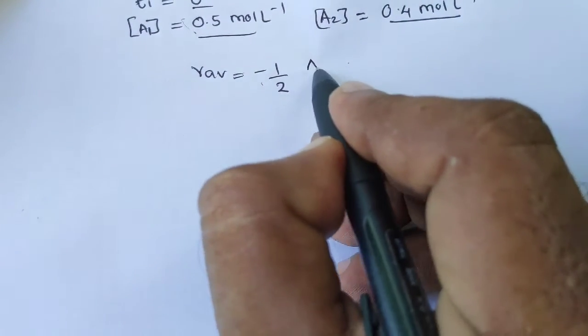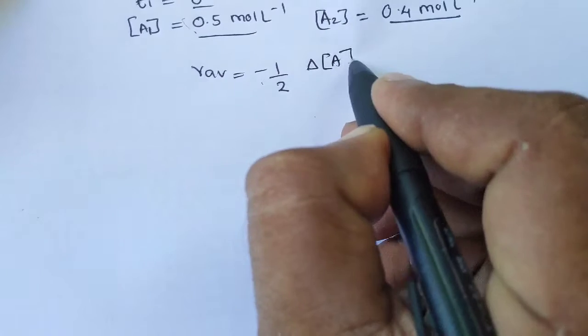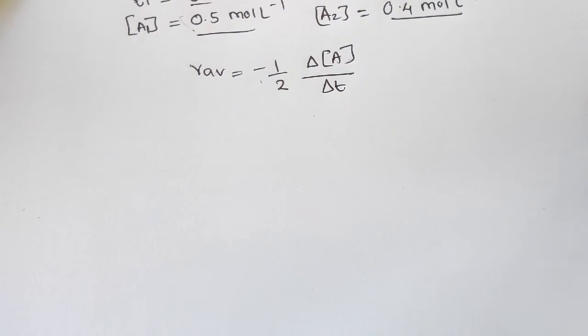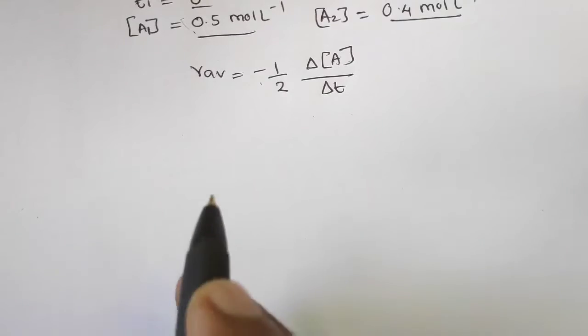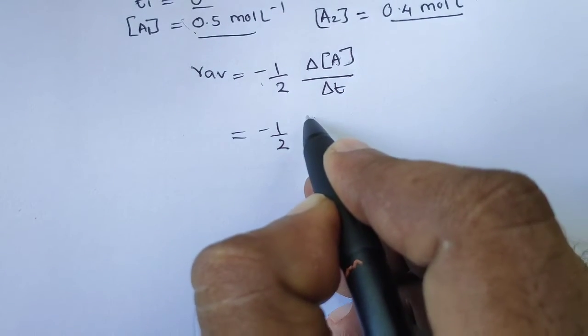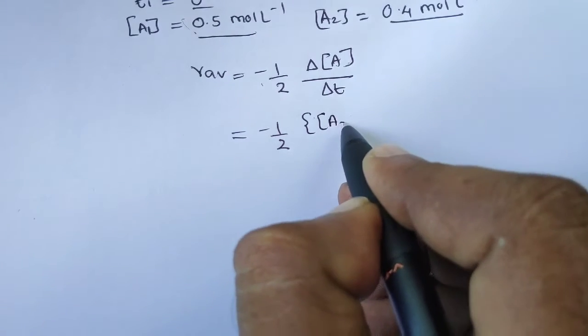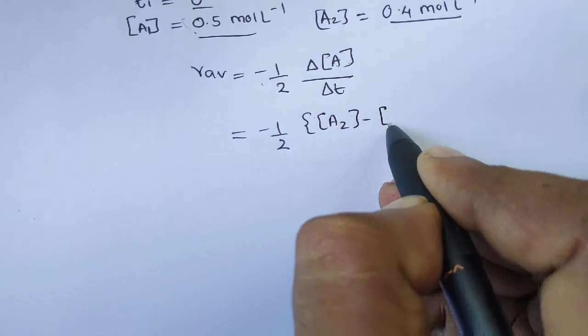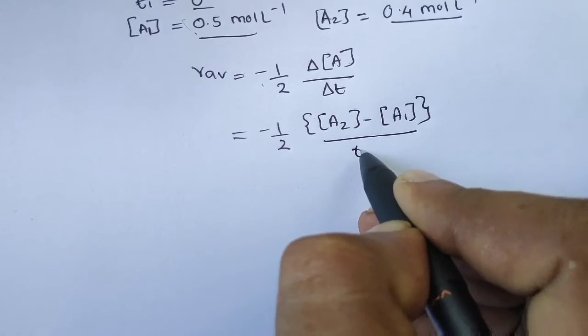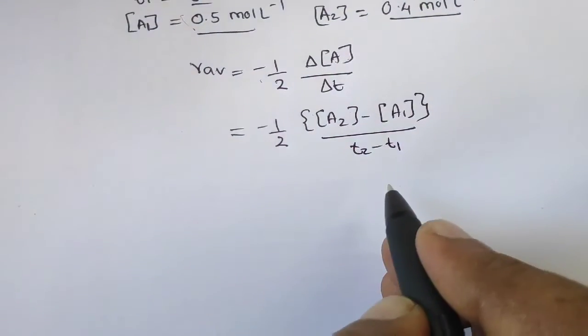So minus 1 by 2 delta, that is change in concentration of A upon change in time. Okay, now the next part. So which is equal to minus 1 by 2 into concentration of A2 minus concentration of A1, clear, whole upon T2 minus T1, that is change in time.